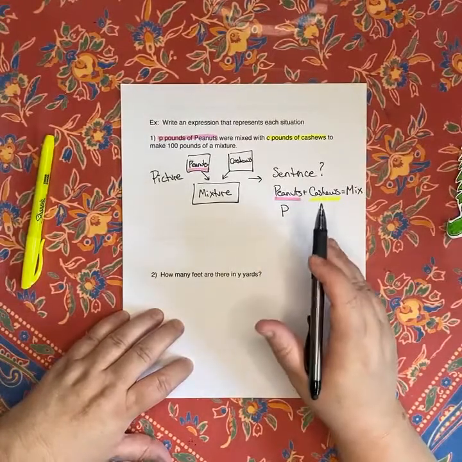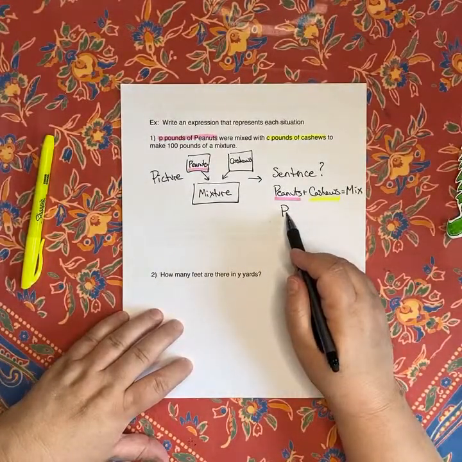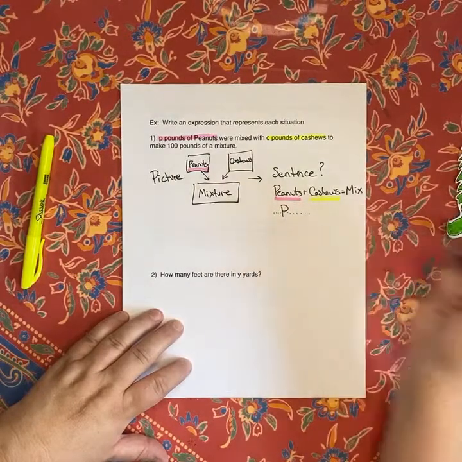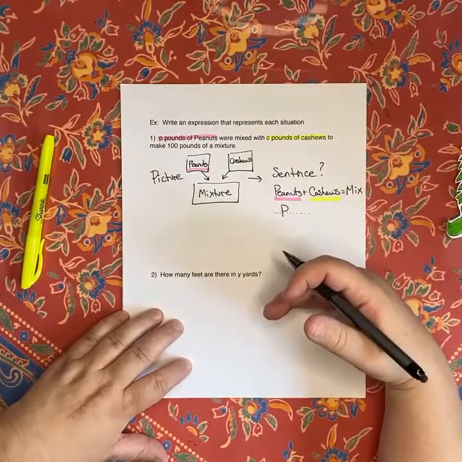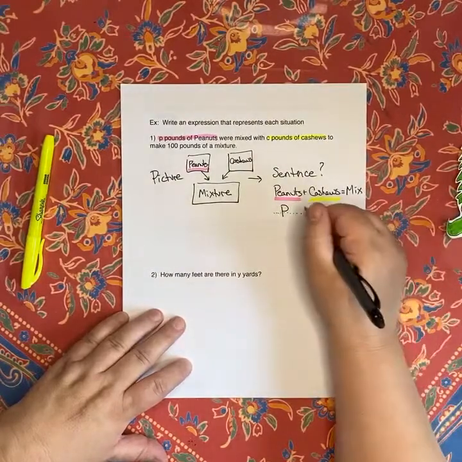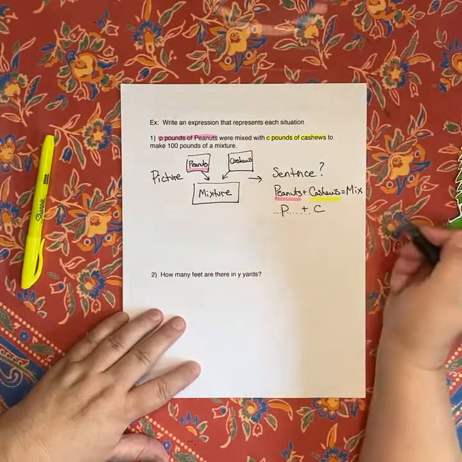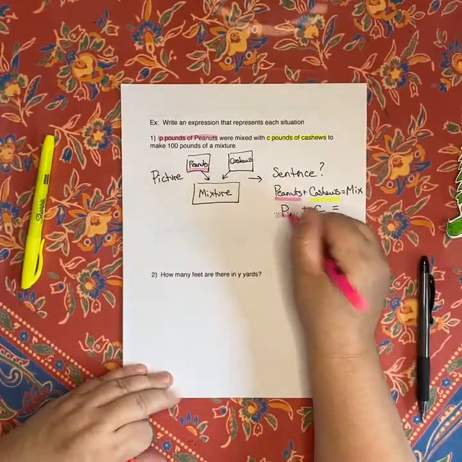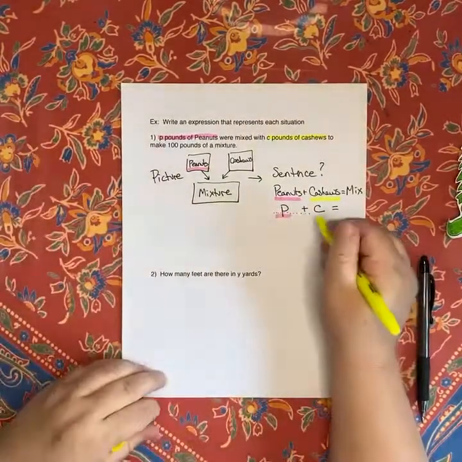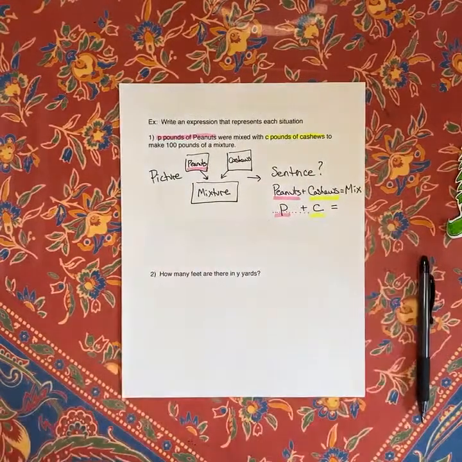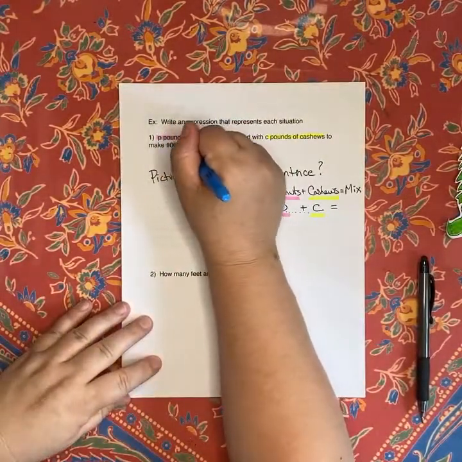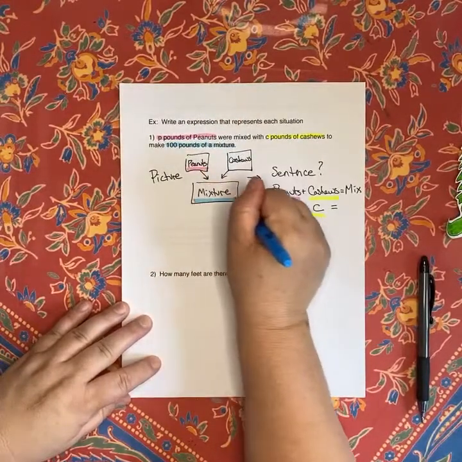Mathematicians are really picky about this. This is a lowercase p. I know it's not obvious, but if I had lines on this paper, this would be a sitting down p, not a capital P. Plus cashews equals, so there's my peanuts, the P. And here's the cashews, the C. And then let's look for what we know about the mixture. I know I've got 100 pounds of the mixture, so that's right here.